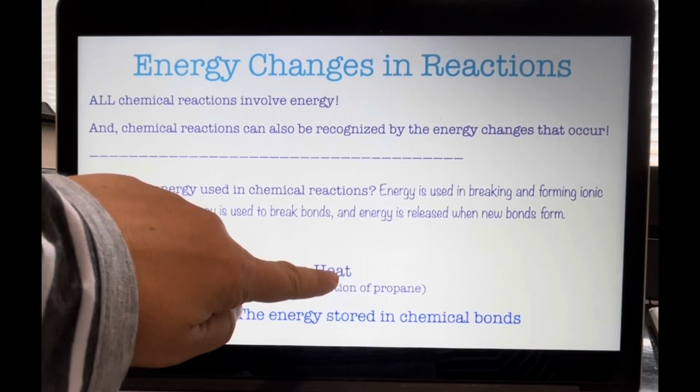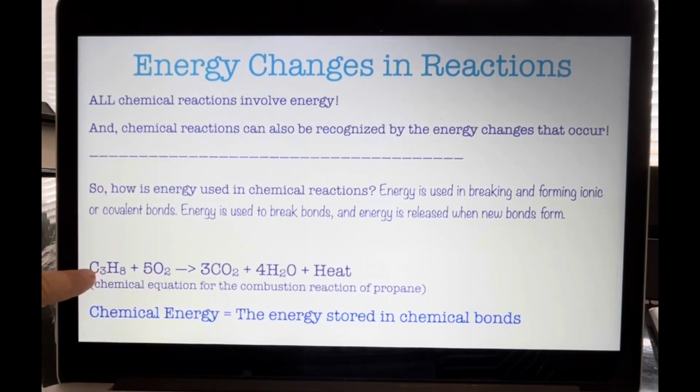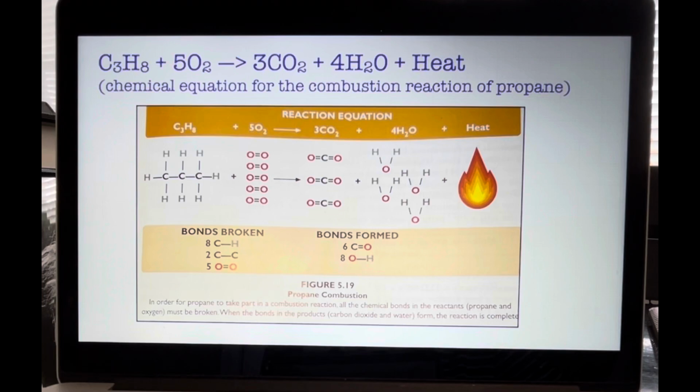So this heat came from the way these molecules were bonded together, the types of bonds that were stored in there. All right, so the definition of chemical energy is the energy stored in chemical bonds. Take a look at what we're looking at here.